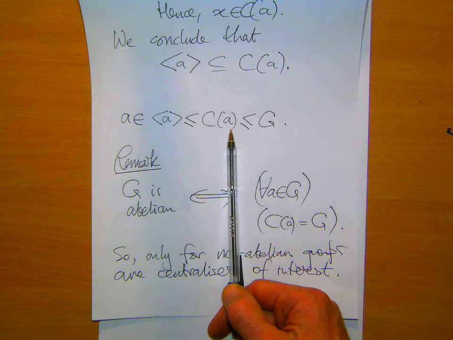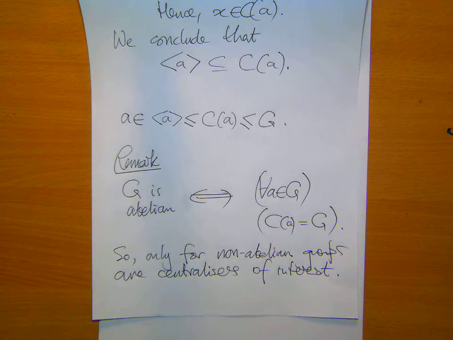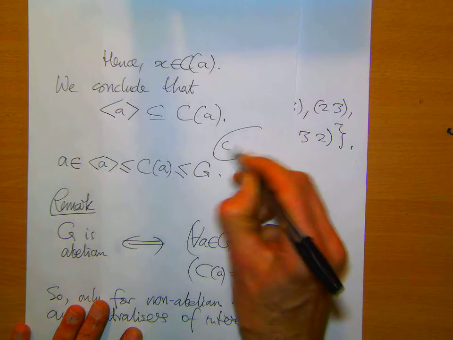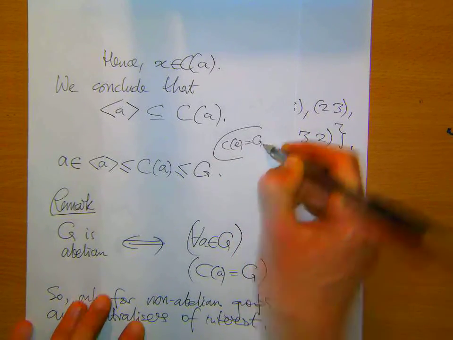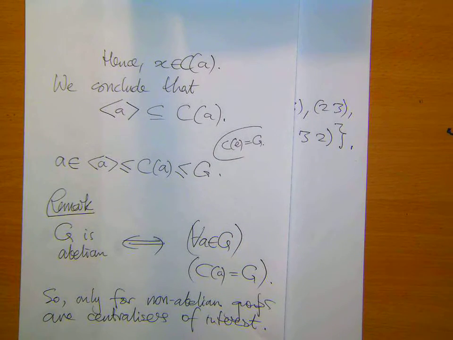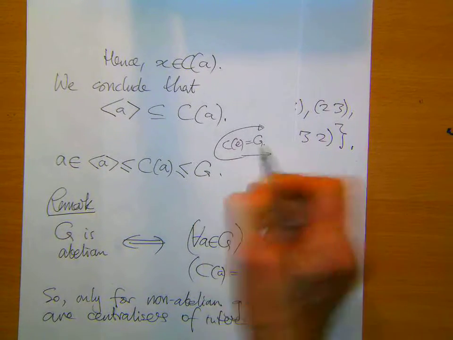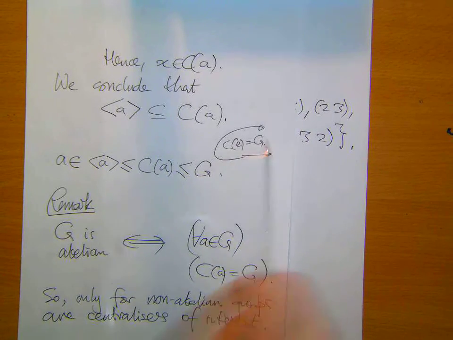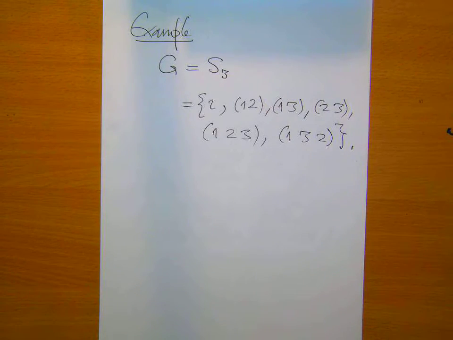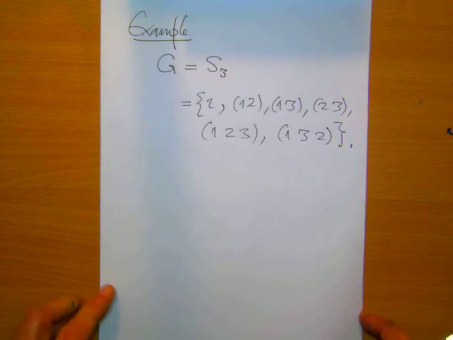Well, everything commutes with the identity, doesn't it? So the centralizer of the identity is always the whole group. Okay, so again, that's not too exciting. I mean, it's just the remark that the centralizer of the identity is the whole group for any group G. So we're not going to pick the identity to compute the centralizer of, because that's not too exciting.